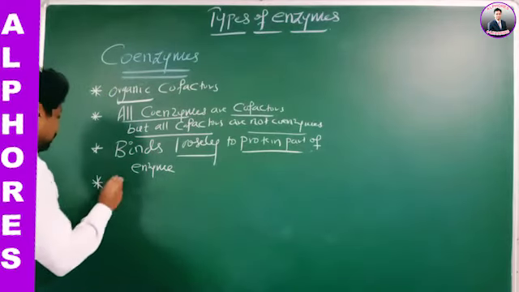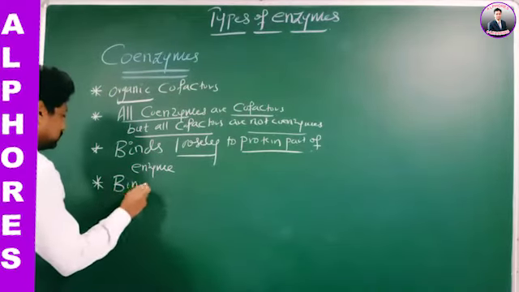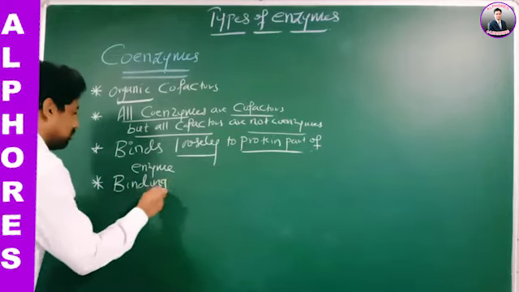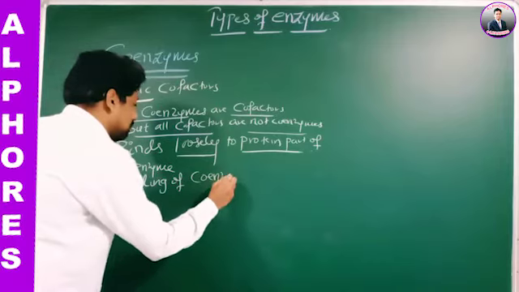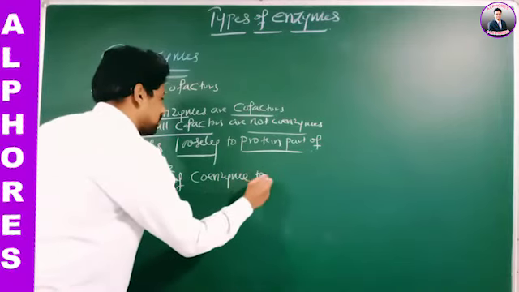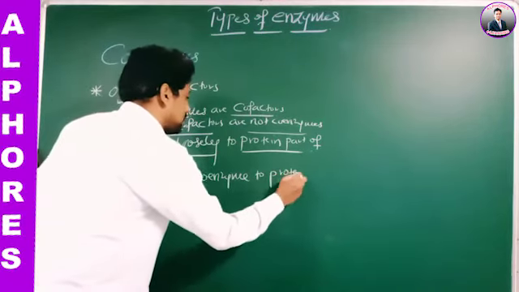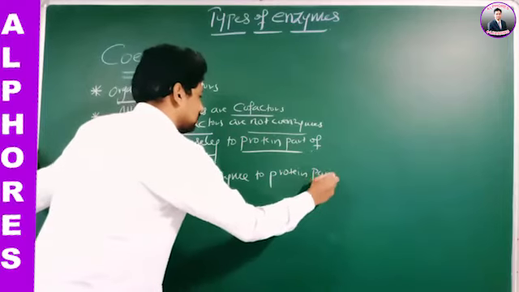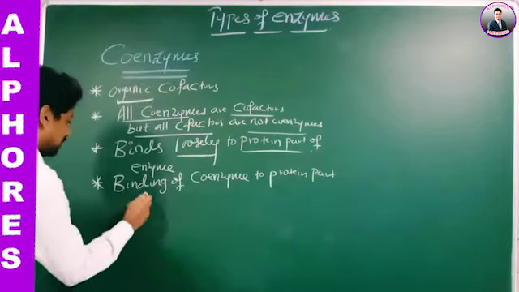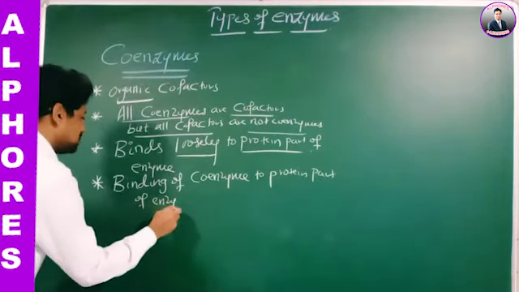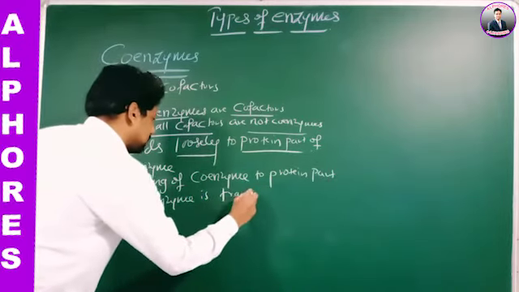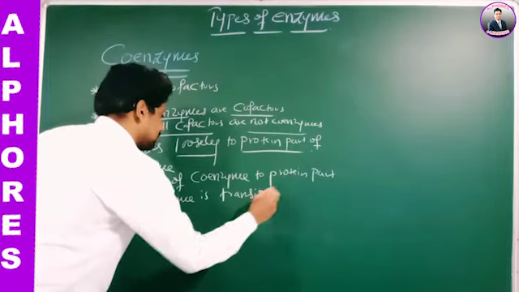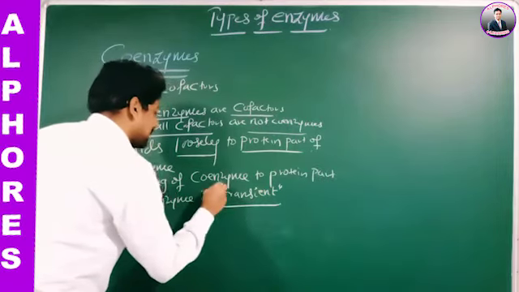Therefore, the binding of coenzyme to the protein part of the conjugate enzyme is transient.